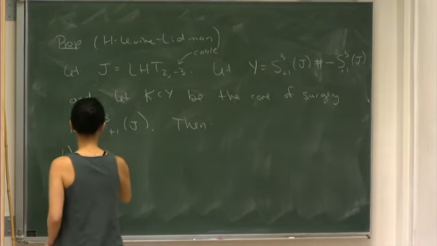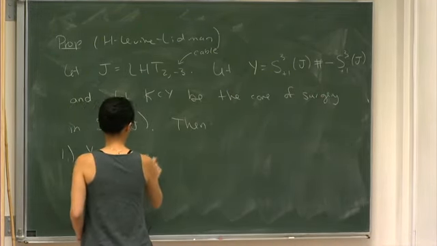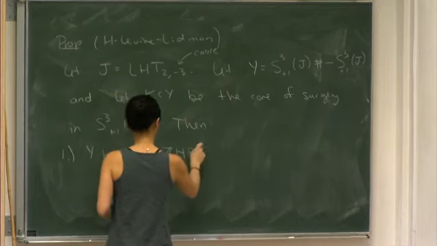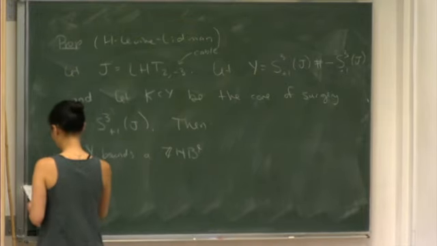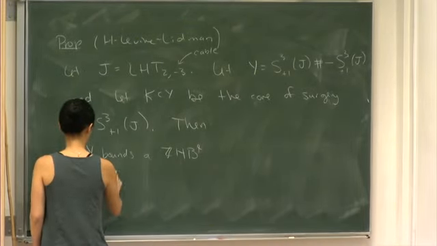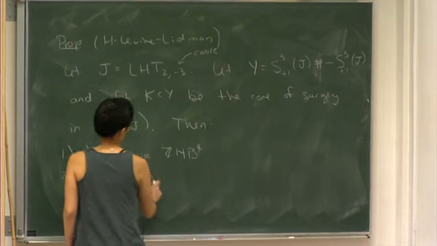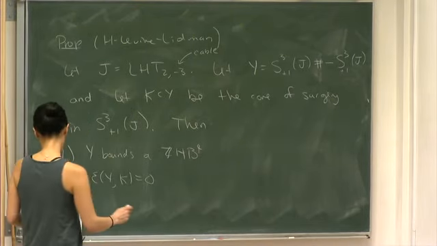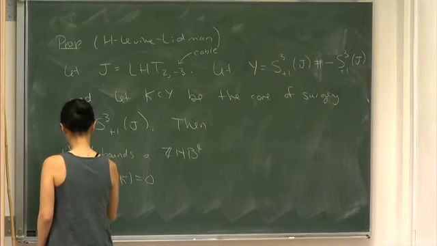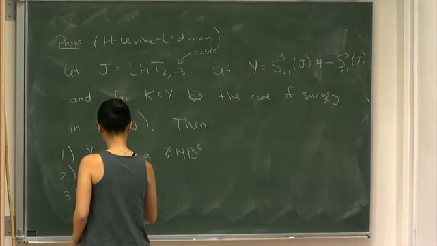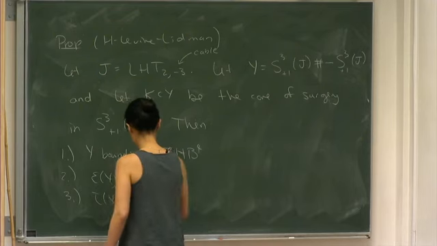So Y bounds a homology ball. And epsilon of this knot is 0, but tau is non-zero. Tau is -1.